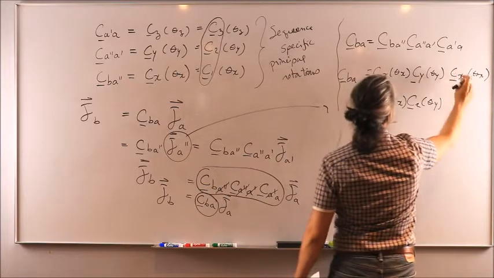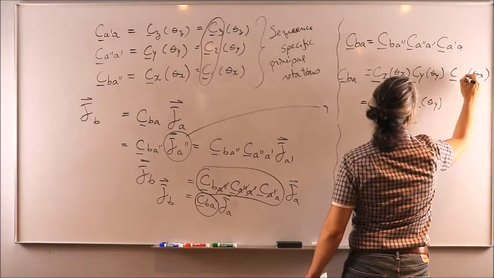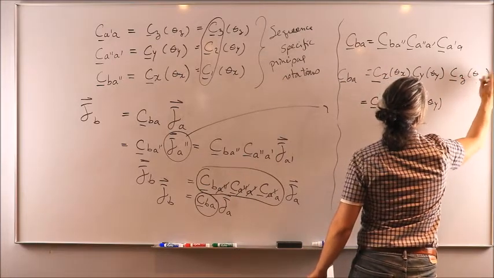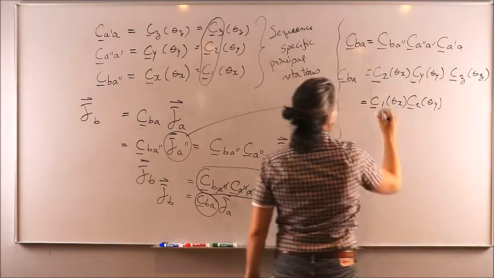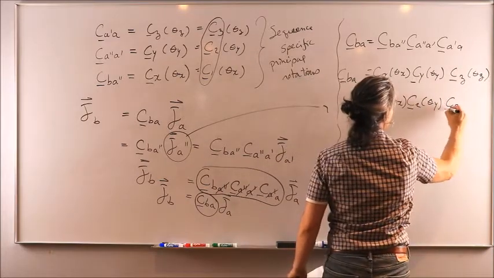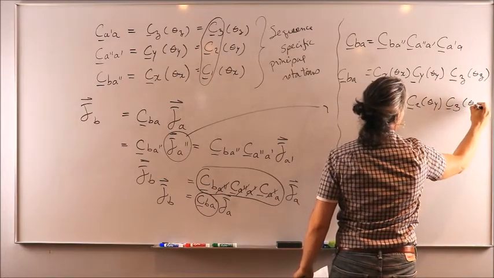C A prime A was not CX, sorry. That was our CZ, function of theta Z. Okay? 1, 2, 3.